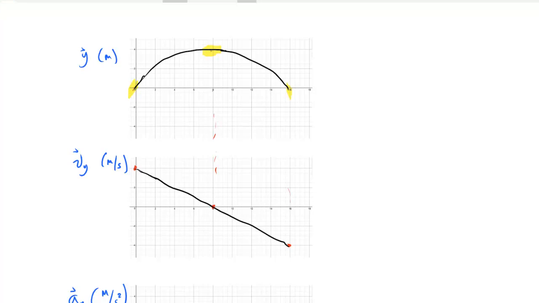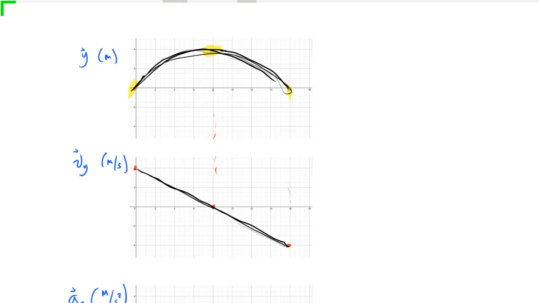As long as it's parabolic, then this curve is always changing. The slope is always changing at the same rate, and we'll discuss in future videos that it is in fact parabolic. And so this slope is always changing at the same rate, and therefore we end up with a value always changing at the same rate, so a constant slope.